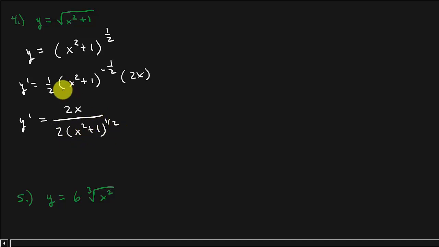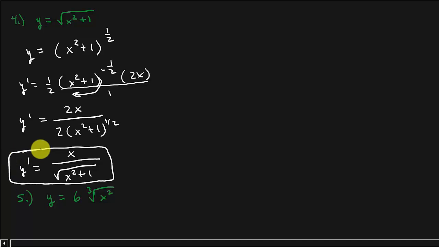Okay, so look, you can look at this as all being over 1. We've got a negative exponent, so we move it down to the denominator to change it to a positive exponent. And you can see now the 2's cancel. I'm left with y prime is x over the square root of x squared plus 1.